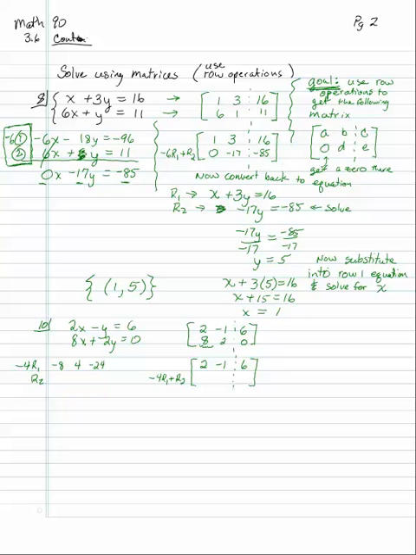Row 2 is 8, 2, 0, and I'm going to add those together down the columns. That's 0, 6, negative 24, and I'm going to replace row 2 with this result. So this is negative 4 row 1 plus row 2, and I'm replacing my old row 2 with this result. I know a lot of students get confused with this section at first, but hopefully this pencast will help you.